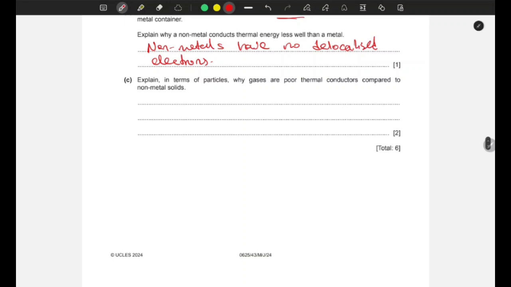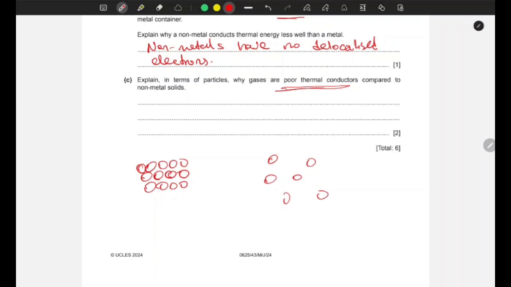Part C. Explain in terms of particles why gases are poor thermal conductors compared to non-metal solids. So in gases, okay, let's compare. The particles in non-metal solids are very close to each other. But in gases, the particles are very far apart from each other.